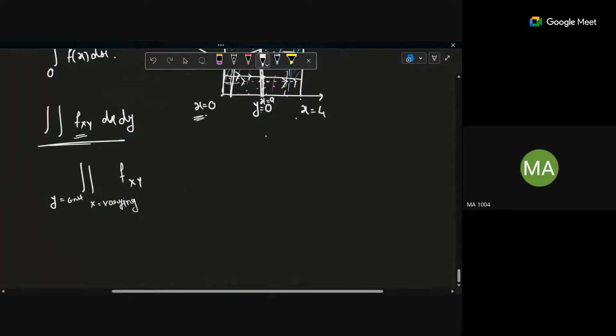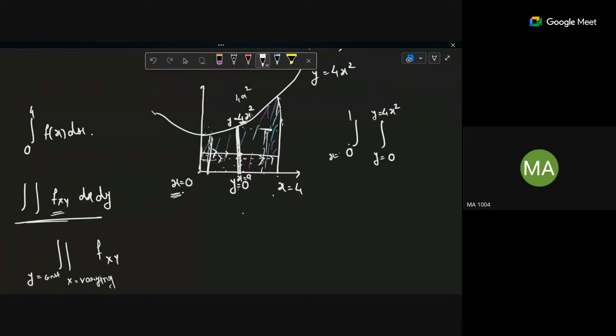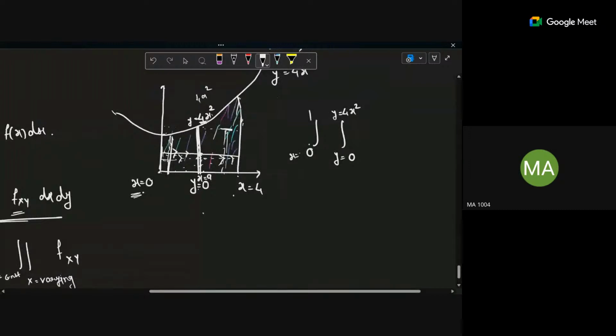Just see, let's forget about this thing. If I am giving you to integrate this, let's say some 0 to 1 integral, and this is my x values, and the integral is y equal to 0 to y equal to 4x square, the same question. And I'm asking you to integrate it as x dy dx. Will you just calculate it?